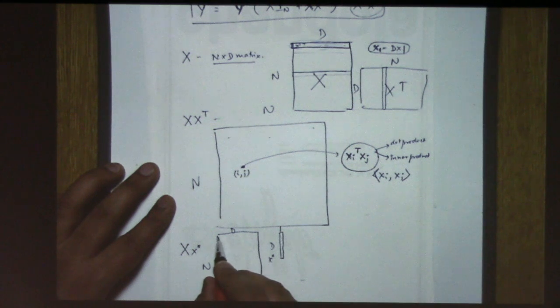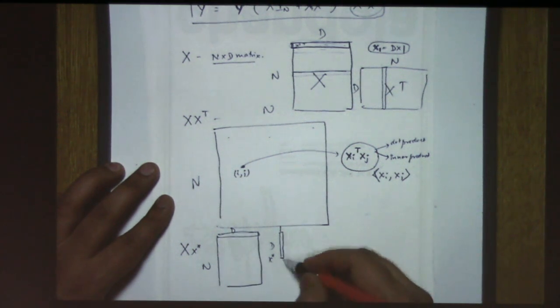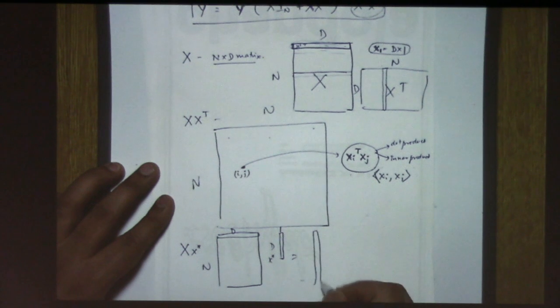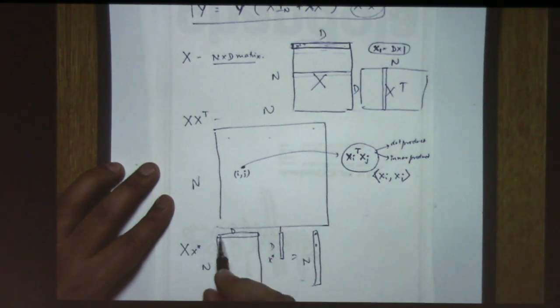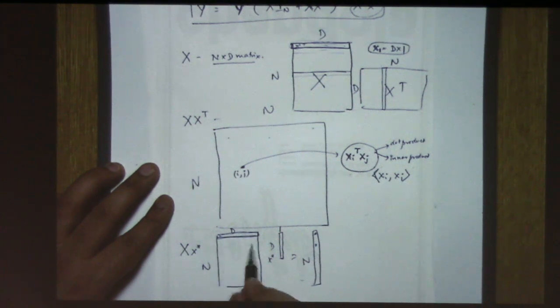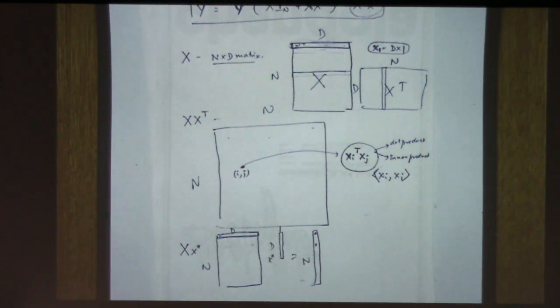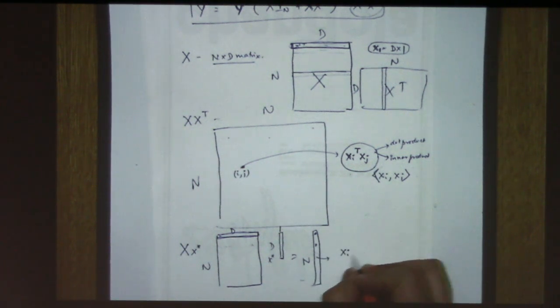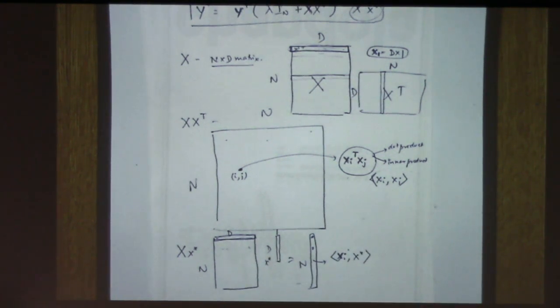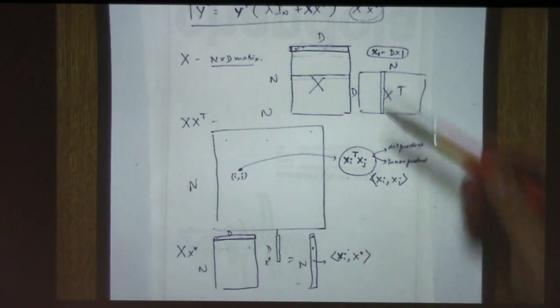Multiplying this with this gives you an n length vector. Each entry here is the dot product between any row and this column. So each entry can also be thought of as a dot product between xi, the ith entry, and your x star.